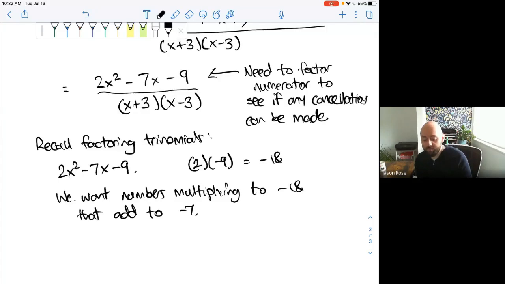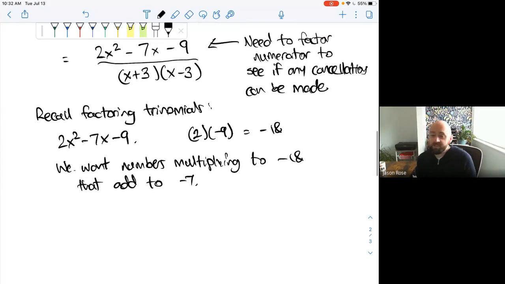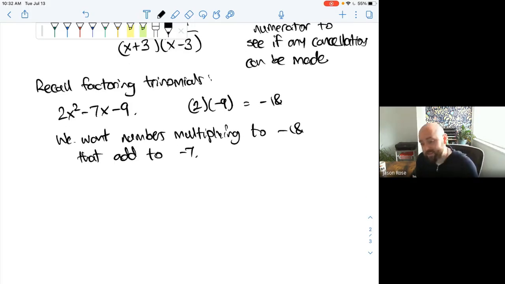That was a technique for when you have a trinomial that isn't just x squared plus stuff, it's 2x squared or 3x squared plus stuff like that. You have to multiply the term on the x squared by the constant. And that is the thing that you want the two numbers to multiply to make.